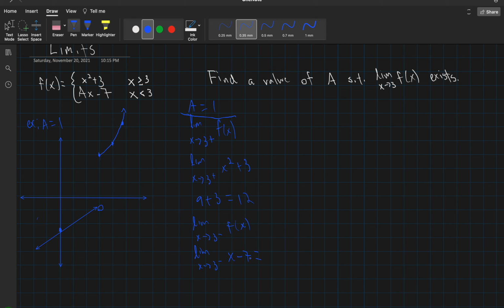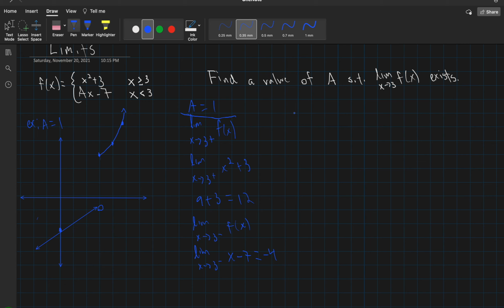And this is going to be equal to 3 minus 7, which is negative 4. So right now our right hand and left hand limits do not agree, which means by definition our limit does not exist. So our goal here is to find a value of a such that we don't have a disagreement in our right hand and left hand limits.